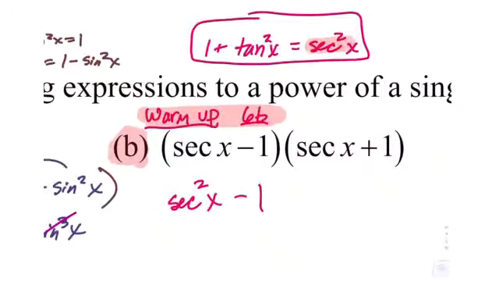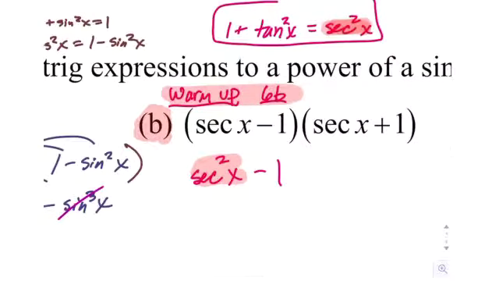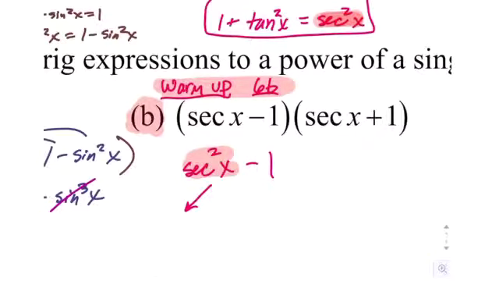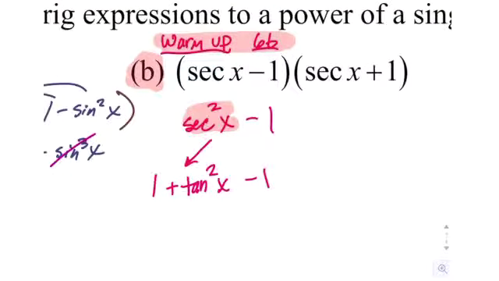You can actually make a replacement, right? So let's do that. I'll go down this fork. If you replace secant squared with 1 plus tangent squared, you'll get 1 plus tangent squared, okay? And then you get minus 1. That's still there. And now what is 1 minus 1? 0. So we're just left with tangent squared. And that is a single power of a trig function.